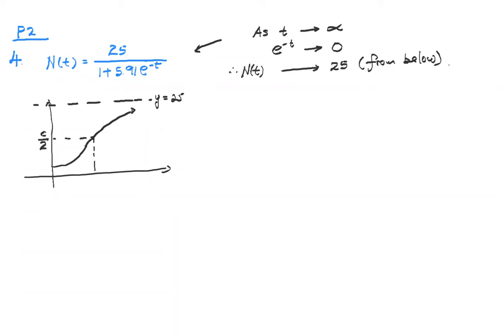C over 2 is the population. So for this question, for part E, if you look at part E, only 2 marks.